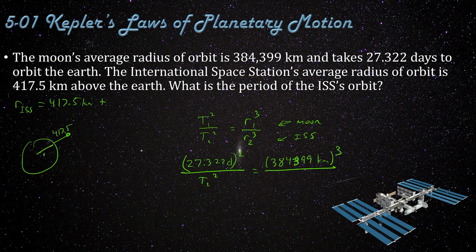If we look up our references, the radius of the Earth is 6380 kilometers. So our radius of orbit for the ISS is about 6797.5 kilometers.